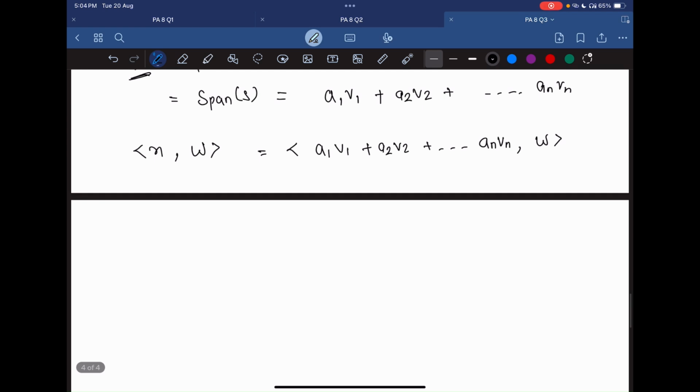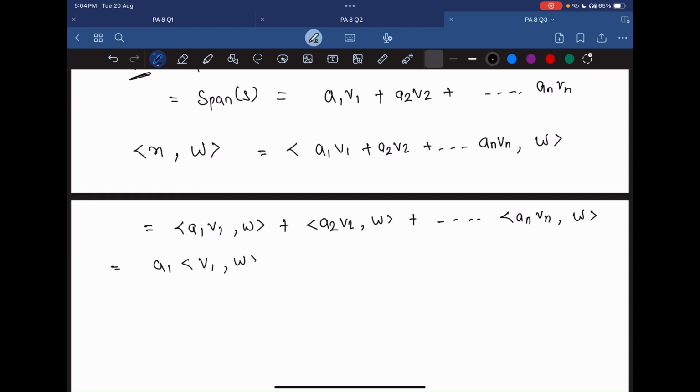Now with the help of the bilinearity property of inner product, we can write it as a1 v1 with w plus a2 v2 with w and so on to an vn with w. Now we can take the coefficients outside, so it would be a1 times the inner product of v1 and w plus a2 times the inner product of v2 and w, and so on.